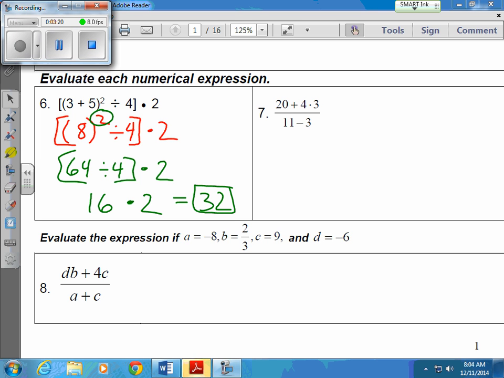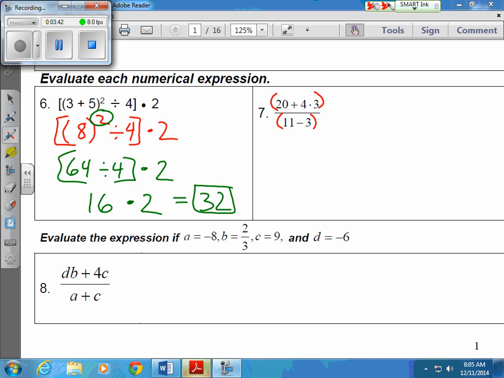Okay. Now what do we do on number 7? We do parentheses, but there's no parentheses, but there kind of is. The top and the bottom are like separate things that we have to be doing parentheses in. So 20 plus 4 times 3.